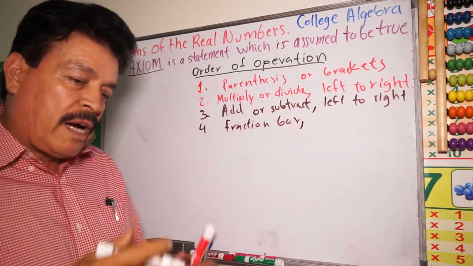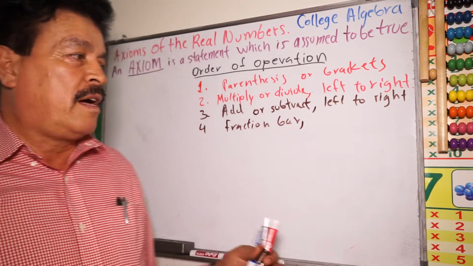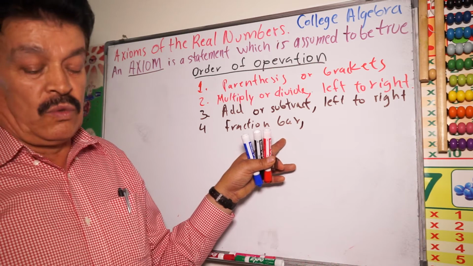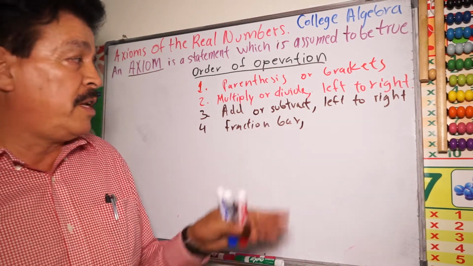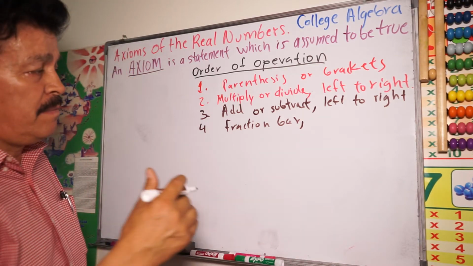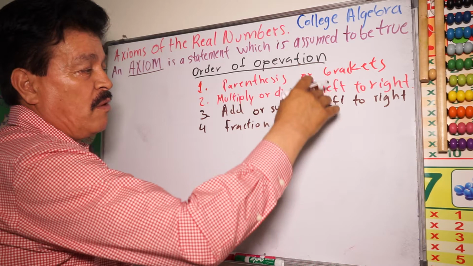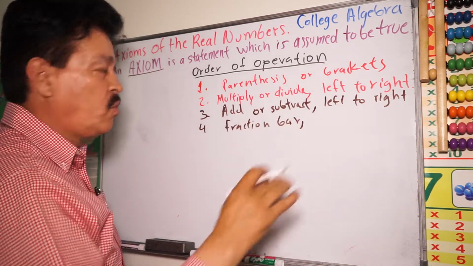For example, when you have rational numbers, here you have to solve the top, the numerator, and then the bottom one after. So don't do them together. Do the top one first and the bottom one after, but not together.